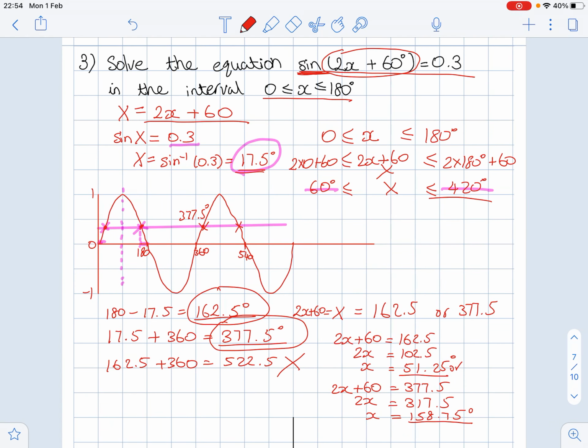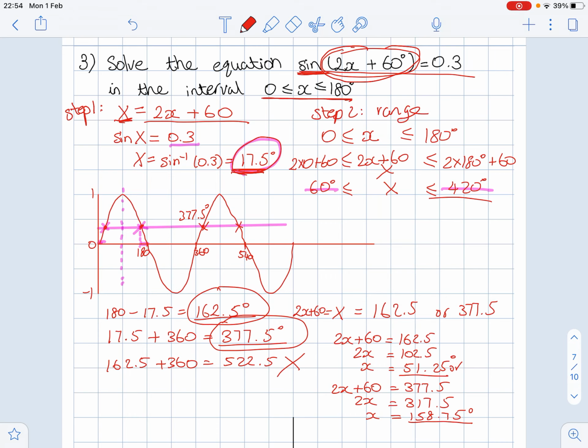So let's just have a quick summary. When we look at this type of question, we always substitute, replacing the inside of the bracket with X, then solve to find my principal value. That's step 1. Then step 2 is to find my range.